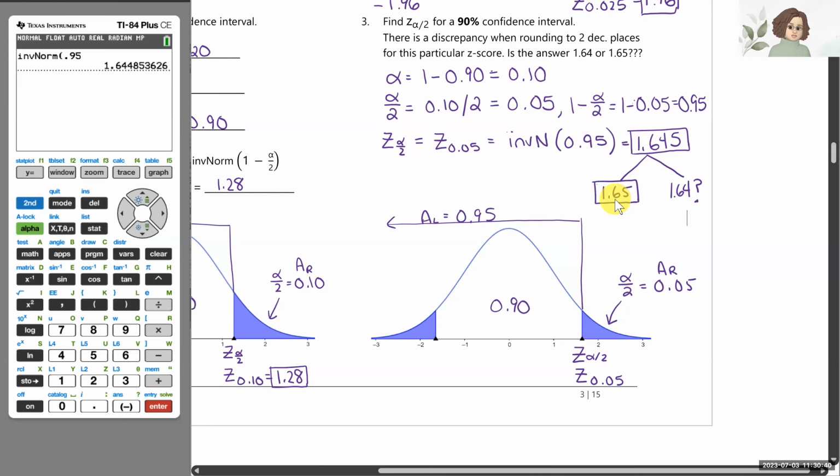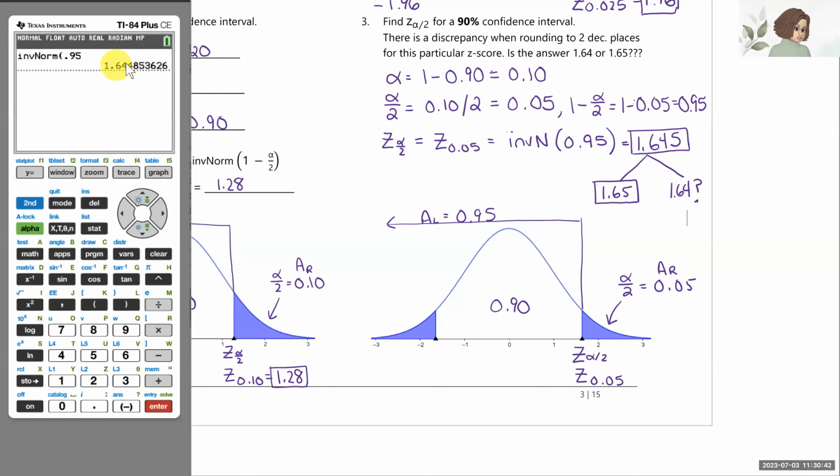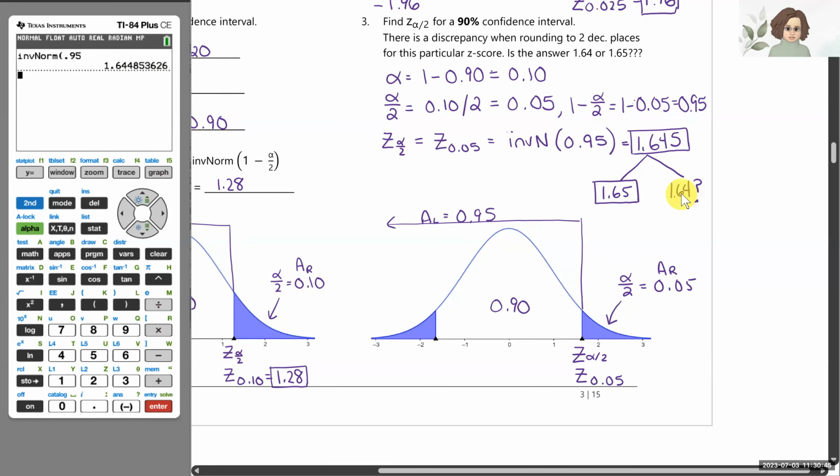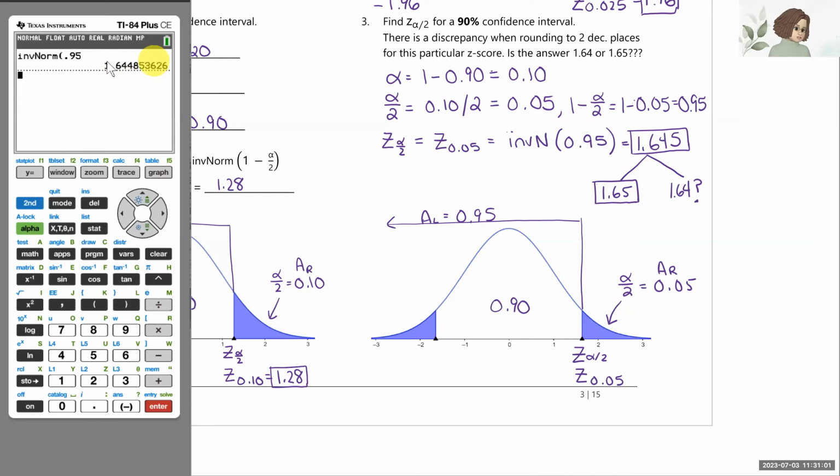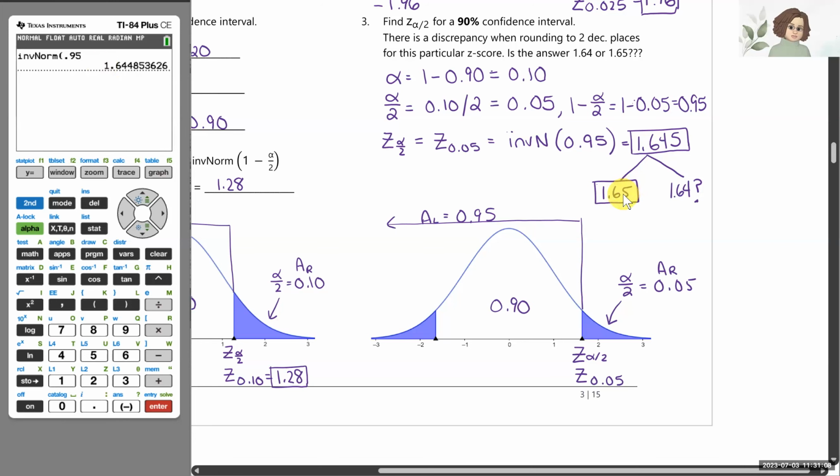And we'll just understand that because we have technology, we would know that that is 1.64. But to follow the world before technology, when we would look it up in a table, table values would round it to 1.65. So I just put a box around this one. We just basically have to remember that when we see this value on our calculator, rather than writing 1.64, we will go with 1.65.